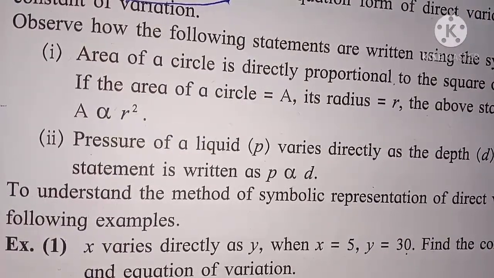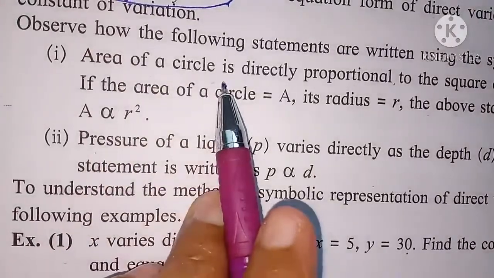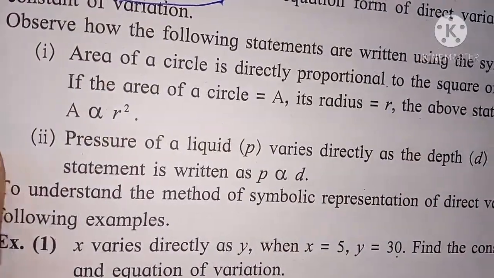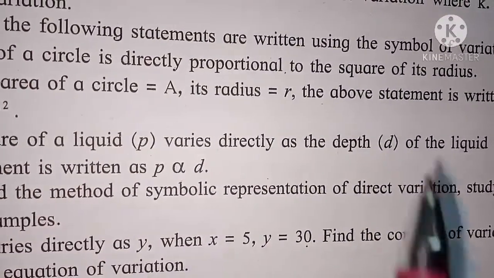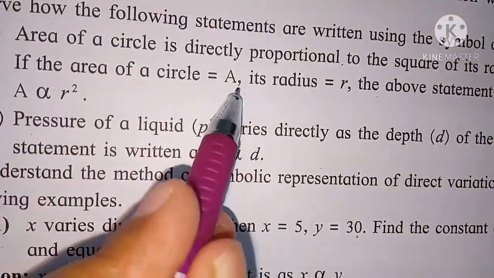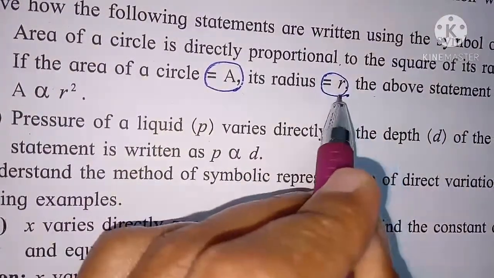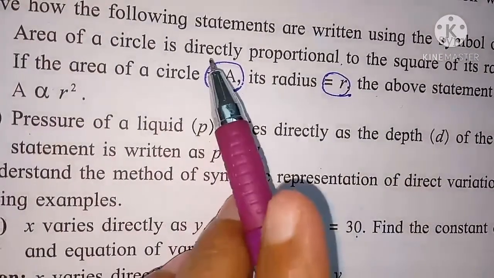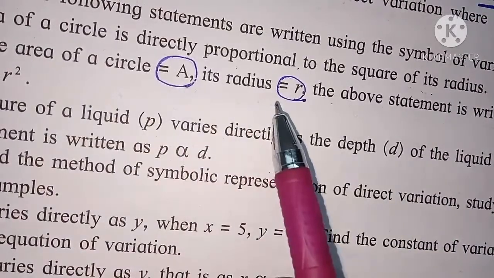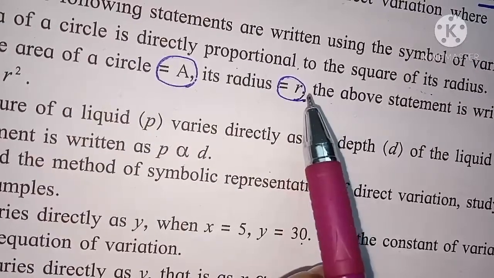It is in your textbook, page number 35. See, area of a circle. The area of a circle is directly proportional to the square of its radius. If the area of the circle is A and the radius is denoted by R, then A is directly proportional to the square of its radius, that is R square.